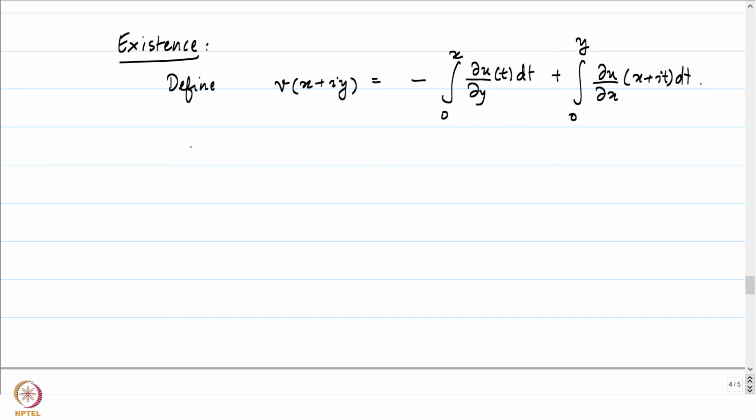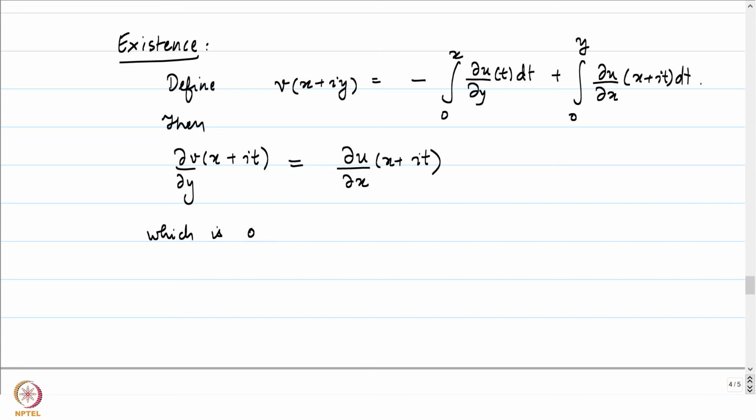So if we take the partial derivative along the y direction, then dou v by dou y at a point, say x plus it, the first term vanishes, and the second form of the fundamental theorem of calculus tells us that this is exactly equal to dou u by dou x of x plus it. And that's one of the expressions in the Cauchy-Riemann equations.